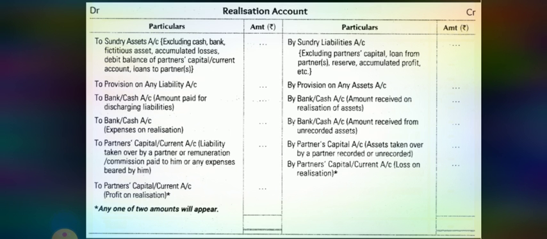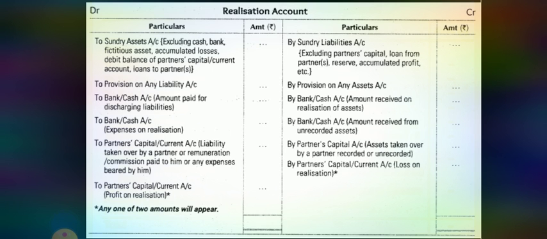Debit side, second last, is given partners' capital account or partners' current account. That will be used for liabilities taken over by a partner, or remuneration, commission paid to him, or any expenses borne by him. So everything is related to a partner.